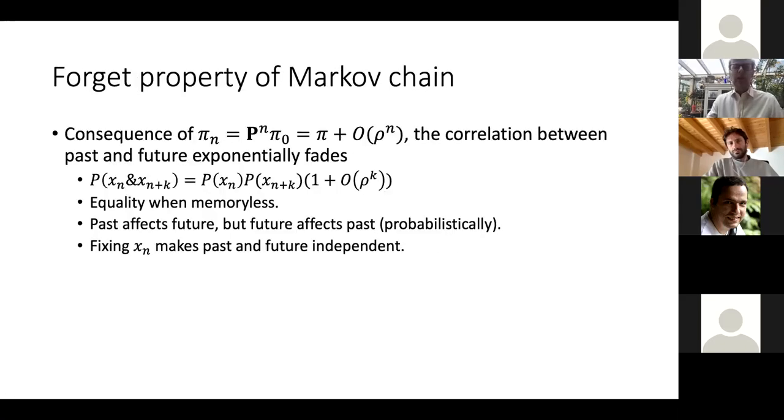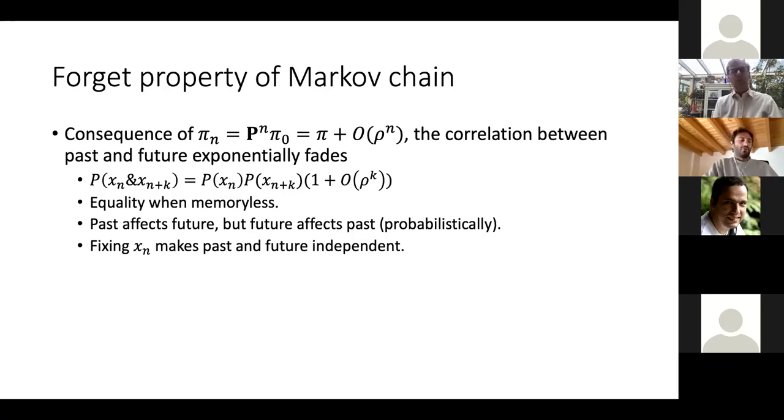The consequence is that the correlation between past and future exponentially fades, so we have an exponentially mixing model.